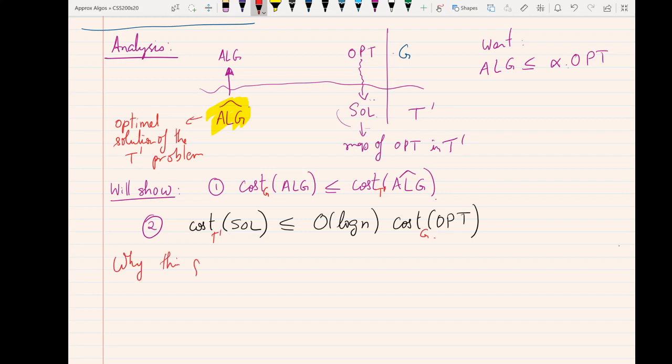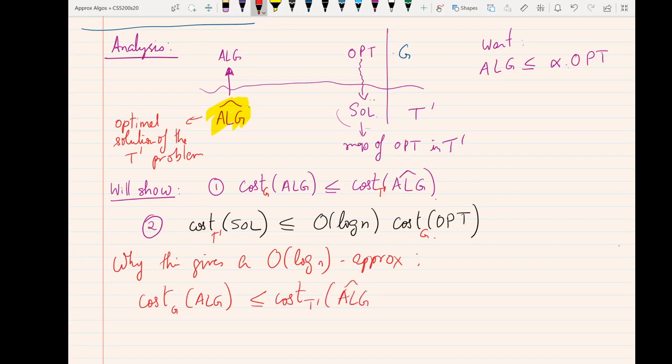Why this gives an order log n approximation: because we do know that the cost of algorithm is less than the cost in T prime of alghat, which, because it is optimal on the tree T prime, is at most the cost in T prime of sol.